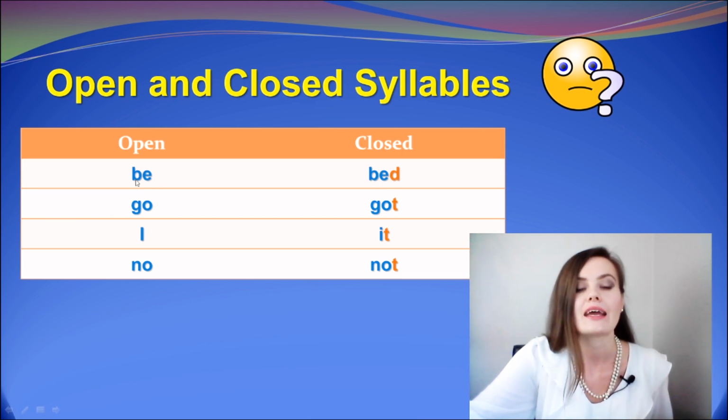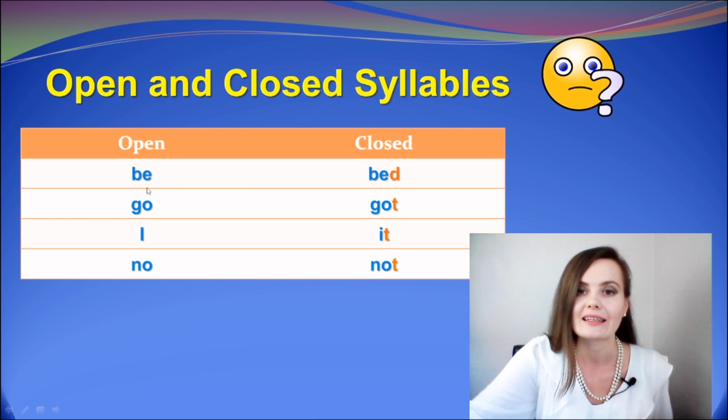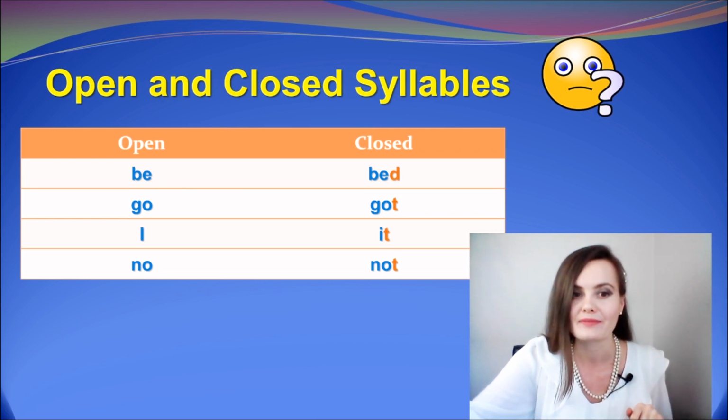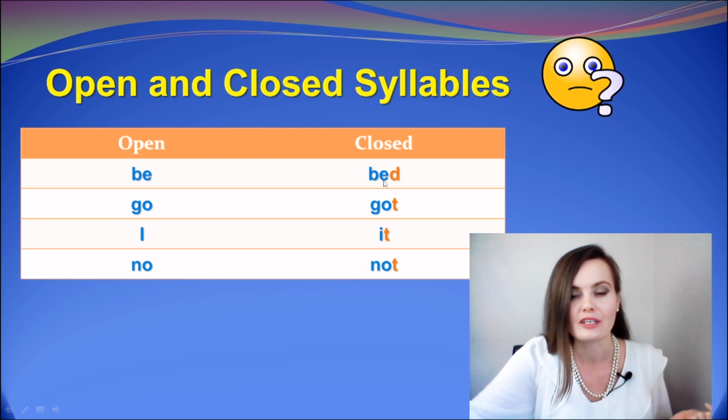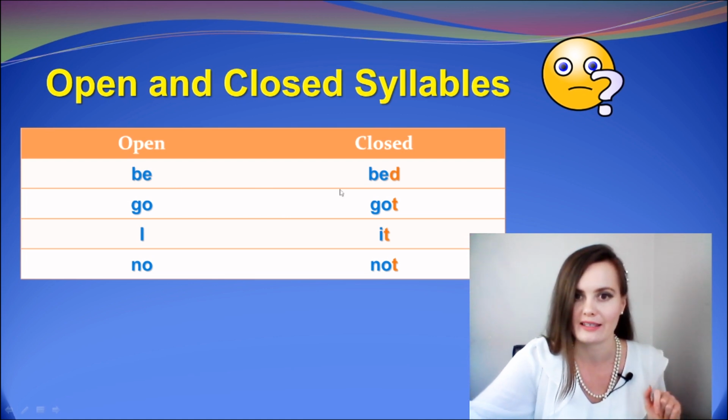But in the word be, letter E sounds like E, like in the alphabet. But in the word bed, letter E makes the sound eh. So what's going on? Why is it like this?